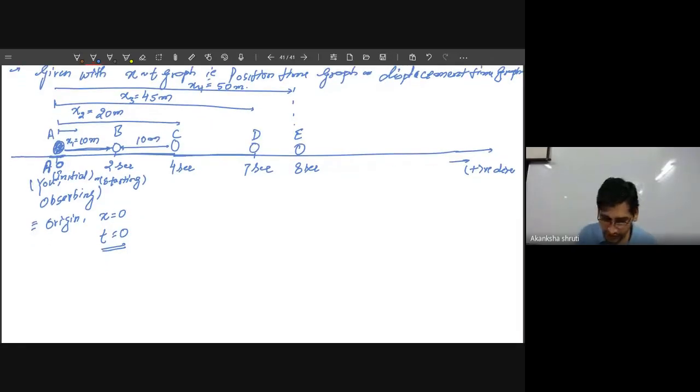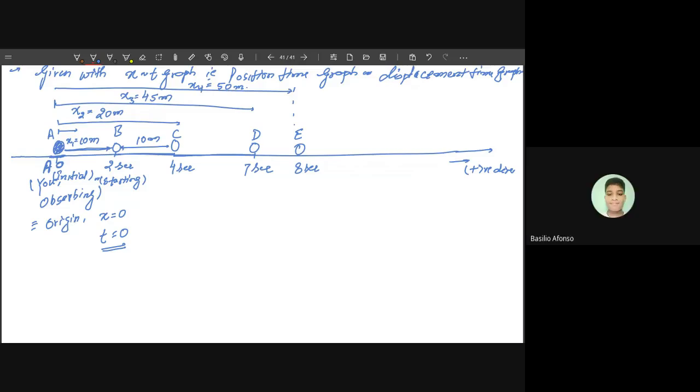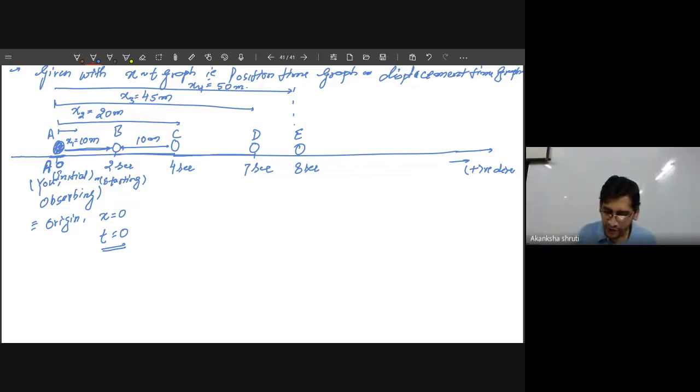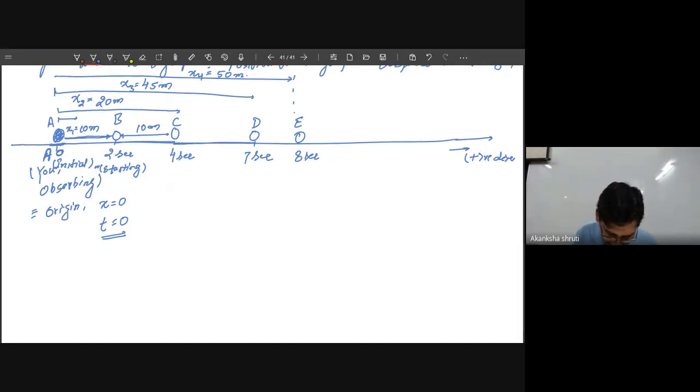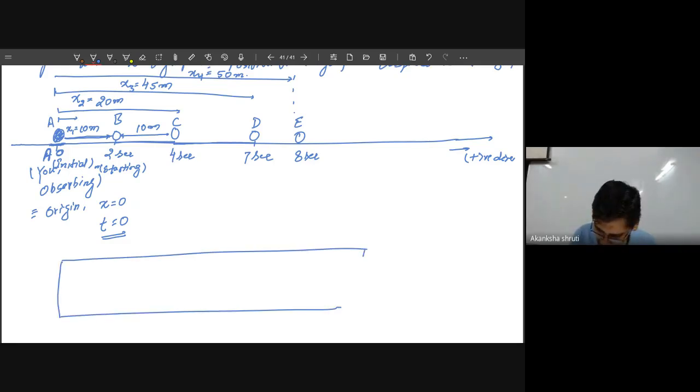Any doubt, any student? Otherwise, I have just listed here the initial condition of how the body is moving. Now, if I plot this in tabular form, the same thing that was given in the earlier question, the position was considered in the first row, meaning x1, x2, x3.